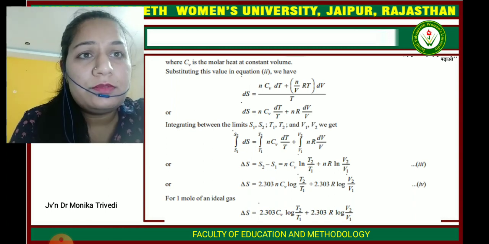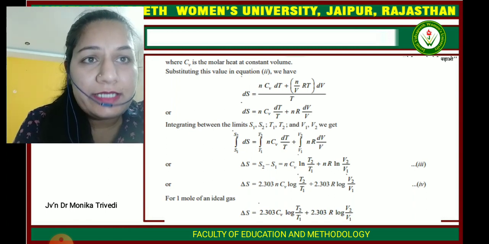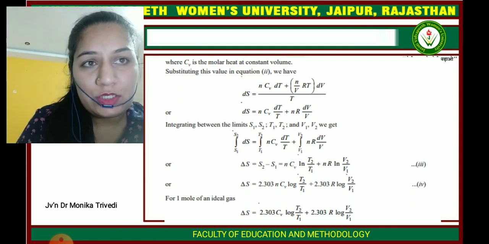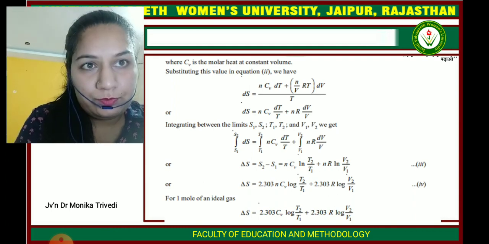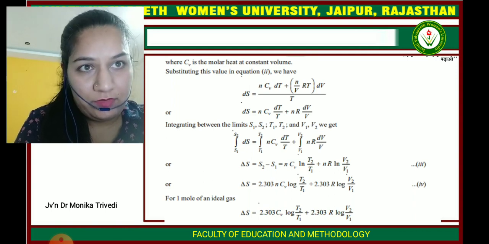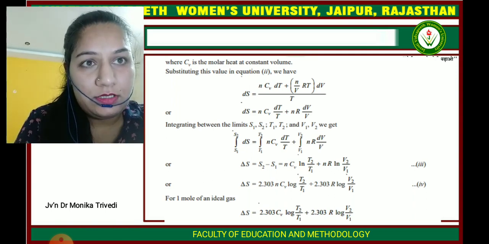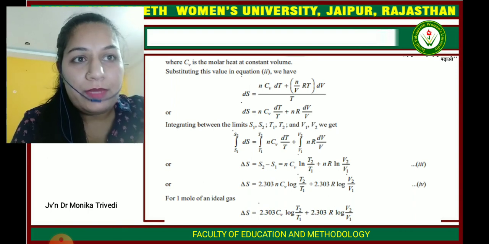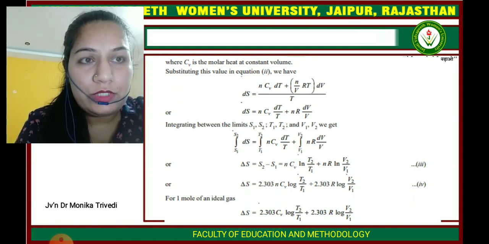So here the equation is ΔS = S2 − S1 = n Cv ln(T2/T1), changing the lower and upper limits, plus nR ln(V2/V1).